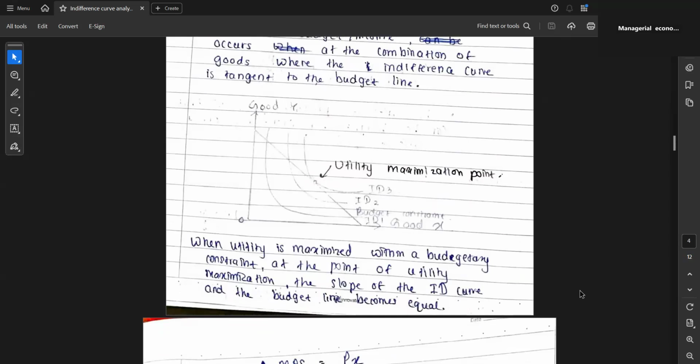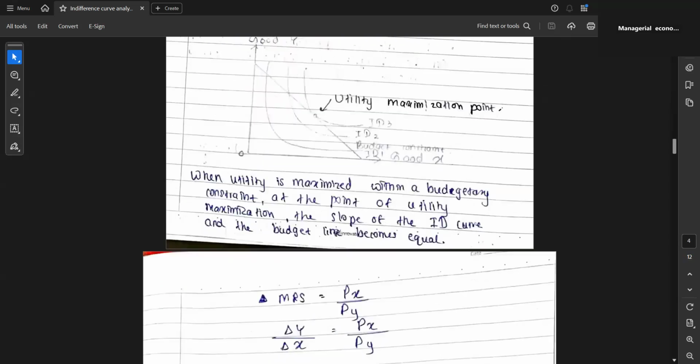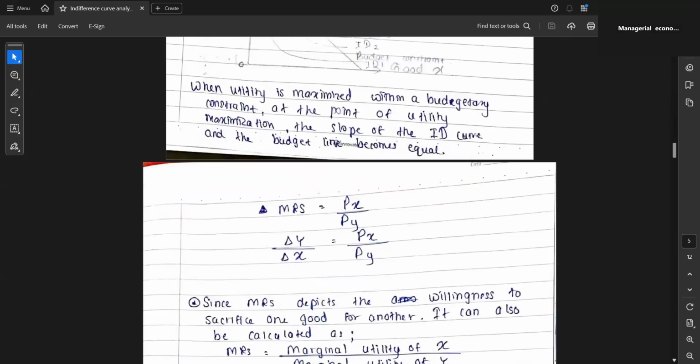If you can obtain higher utility from indifference curve 3 and you can actually purchase that bundle of goods, why would you settle for somewhere where indifference curve 2 is intercepting the budgetary constraint? Because indifference curve 2 has a lesser amount of utility compared to indifference curve 3. So there's no point in settling there.